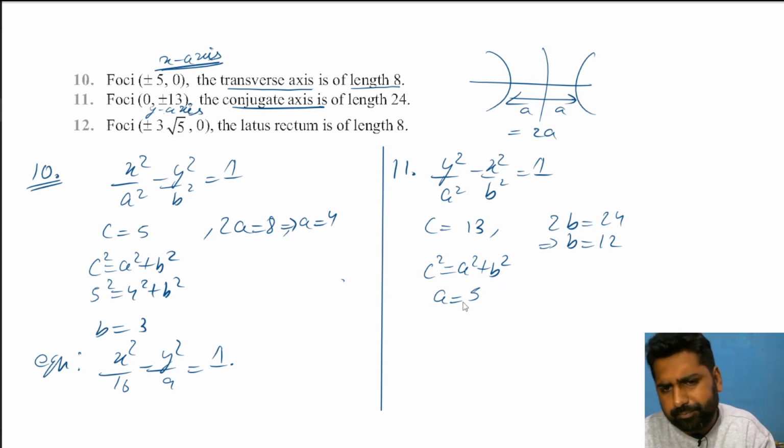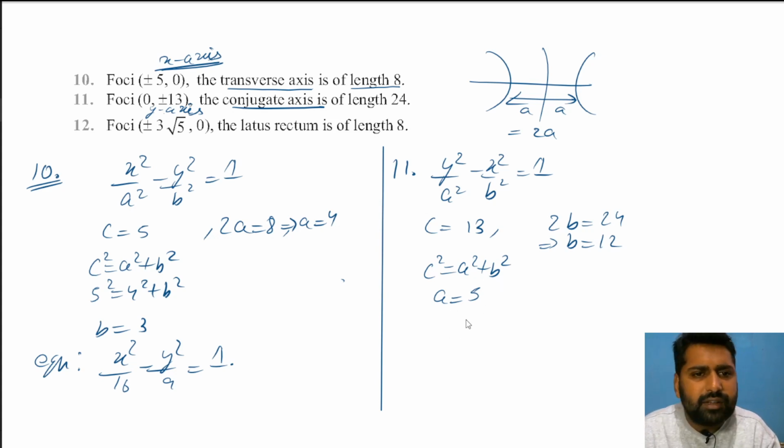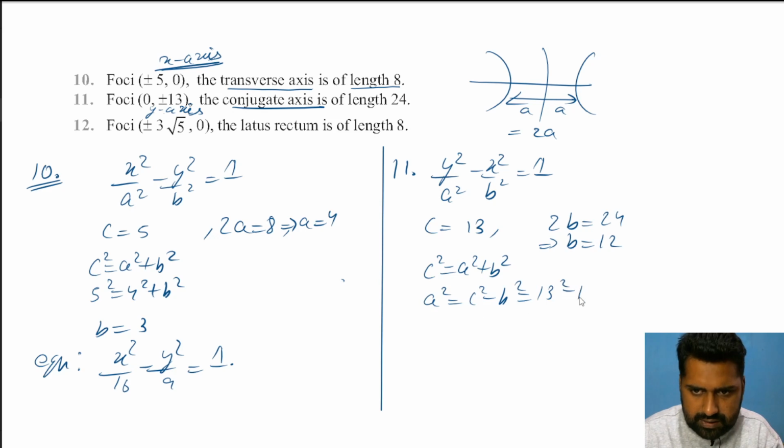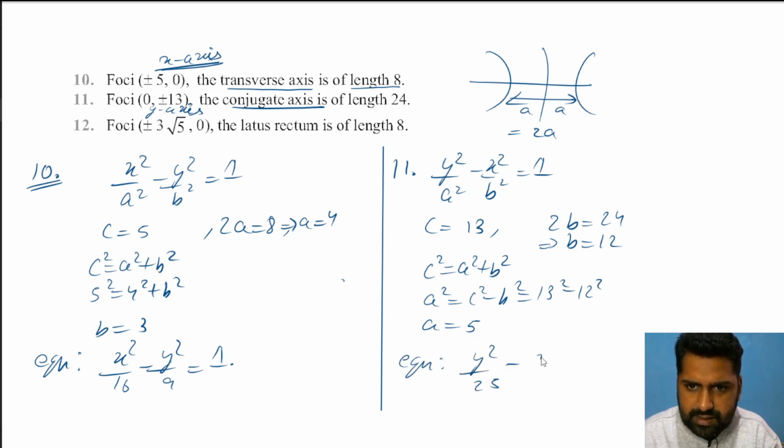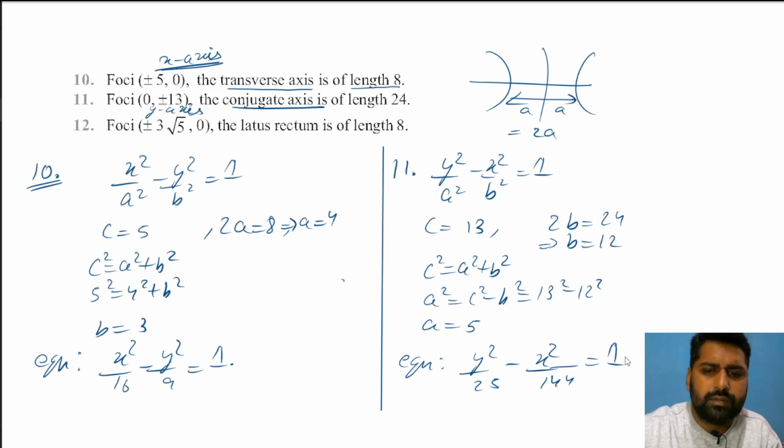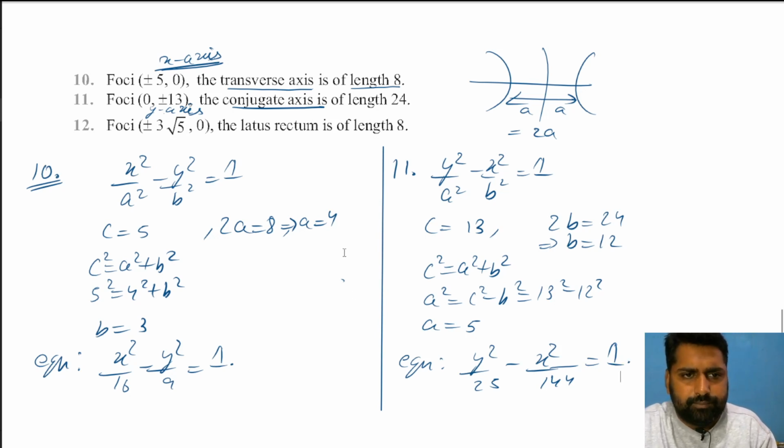I'll show one step: a square is c square minus b square, so 13 square minus 12 square. So a is coming 5. So now the equation is y square by 25 minus x square by b square, b is 12, so 144, is equal to 1. That's your equation.